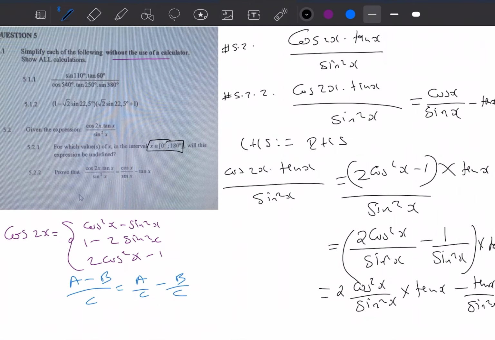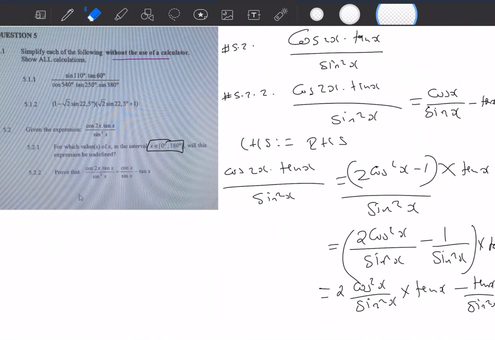Alright, still looking at the left hand side. The left hand side is equal to 2 cos squared x over sine squared x times tan x, and tan x we know is sine x over cos x.